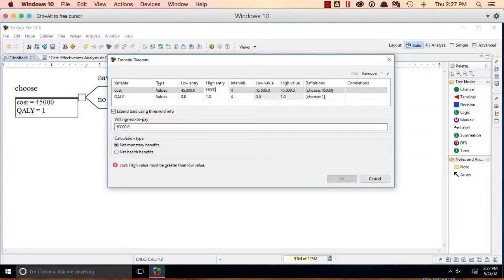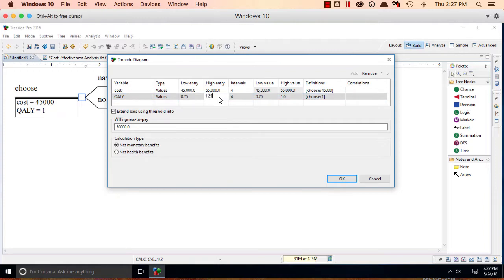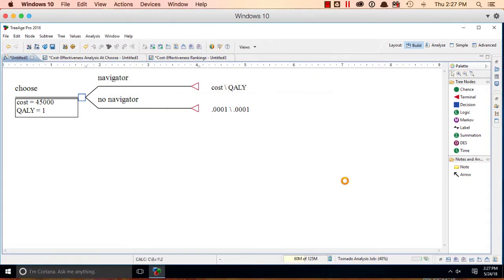How much of an influence does the quality have on the ICER? Which has the larger influence on the ICER, the cost or the quality? Which has a larger influence on the monetary benefit, the cost or the quality? The tornado diagram will give us a visual depiction of what the net monetary benefit is more sensitive to, and what the ICER is more sensitive to.